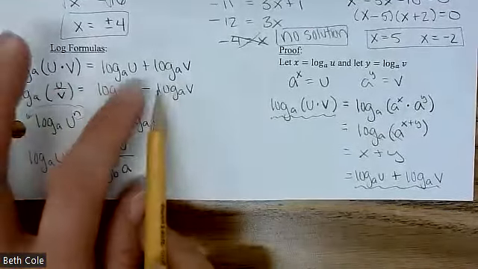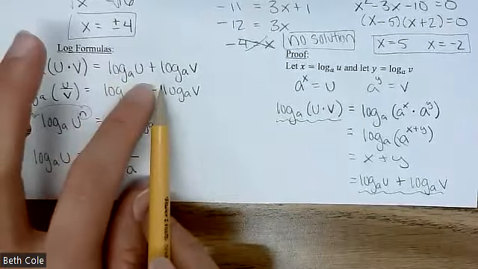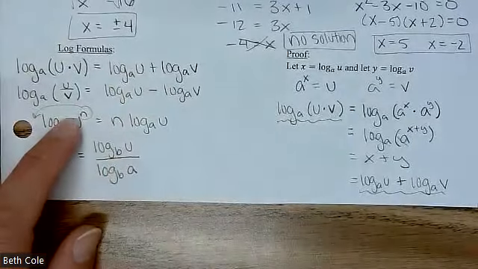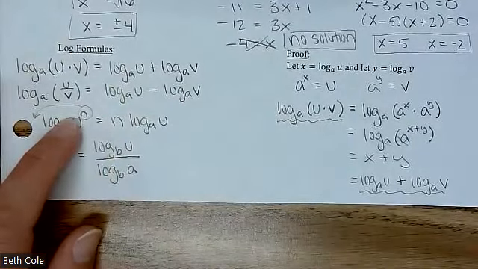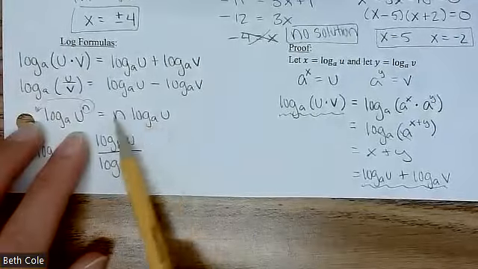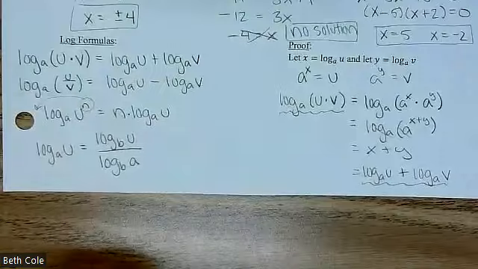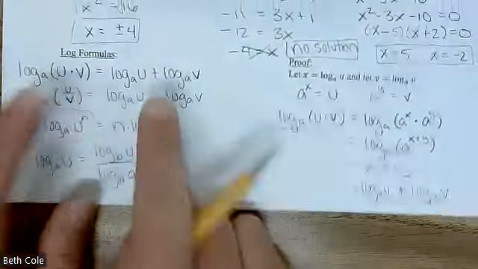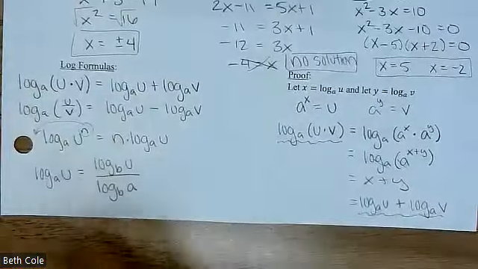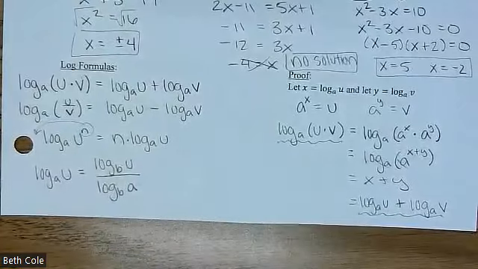When you divide, you subtract. When you do a power to another power, what do you do with your exponents? You multiply them. That's why you get to multiply these together. It's n times the logarithm. Multiply means add, divide means subtract, a power to a power means multiply. That's where they come from, and this is why. Okay?